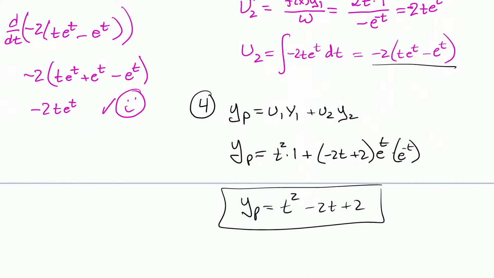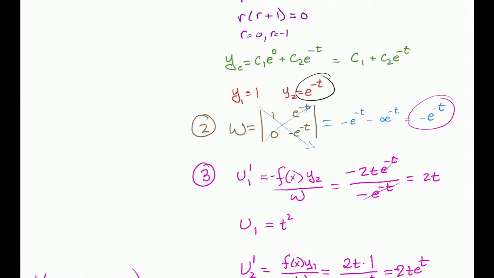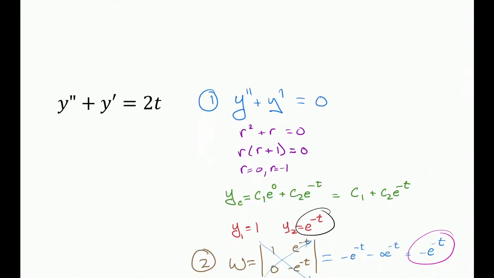Now, I just have to point out that this was really dumb to do it this way. Why would I do it? Look how much work that was. When I could have just done it the way we did it in class today, and I could have said, hey, my particular solution is going to be a times t squared plus b times t plus c.